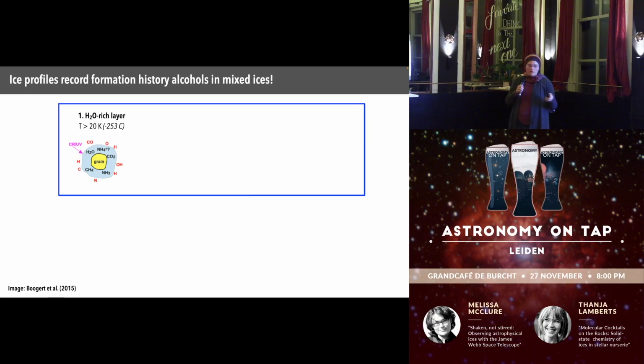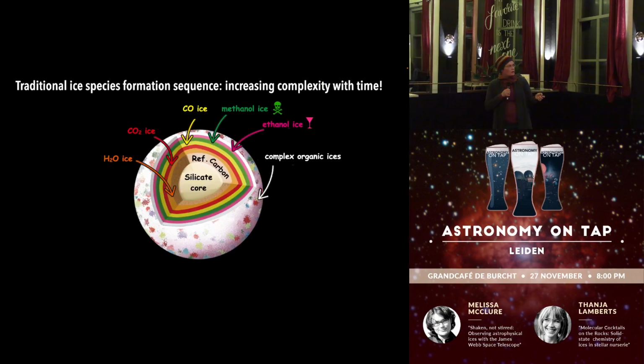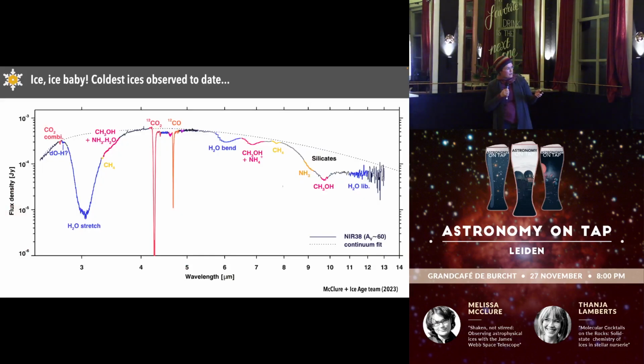So instead of seeing all of these ices, they maybe saw water, CO2 and CO, and maybe the silicates, but not the rest. Or in a few very bright objects, they may have gotten methanol and some of the other weaker bands. But it was really for a handful of objects.